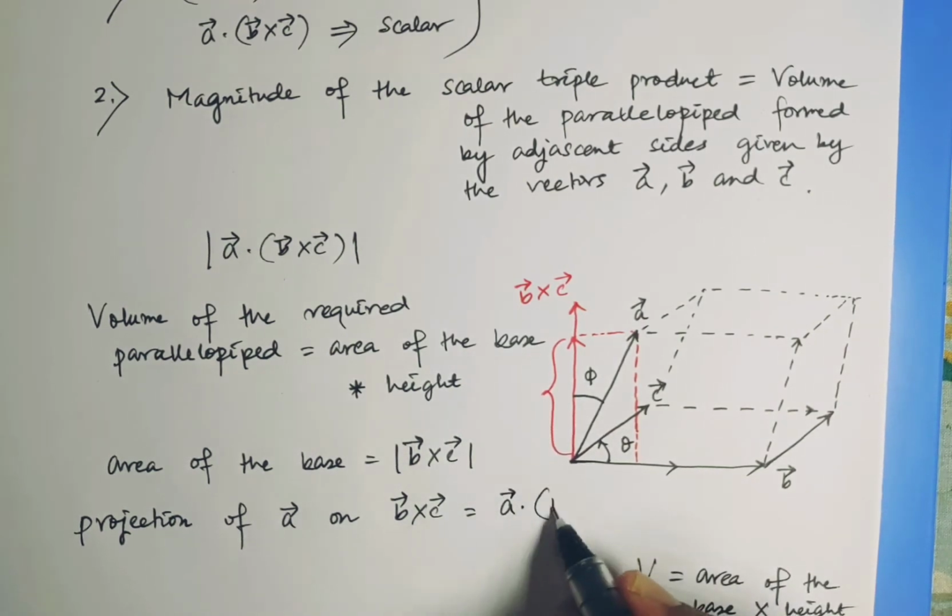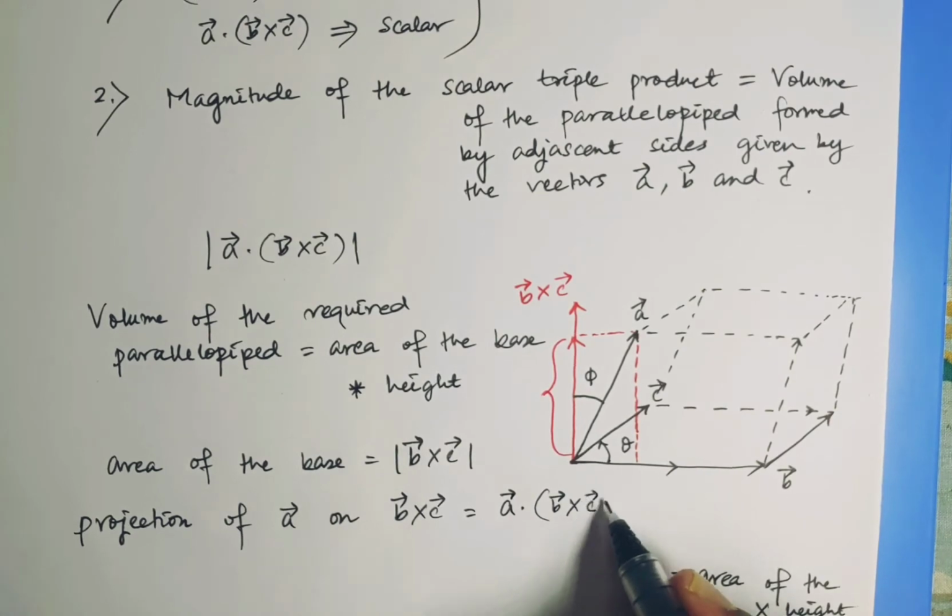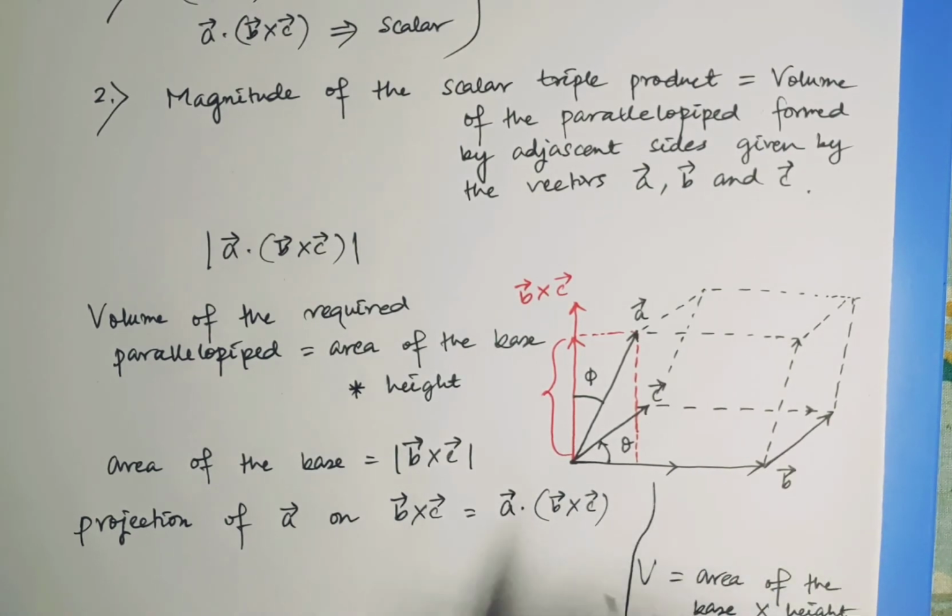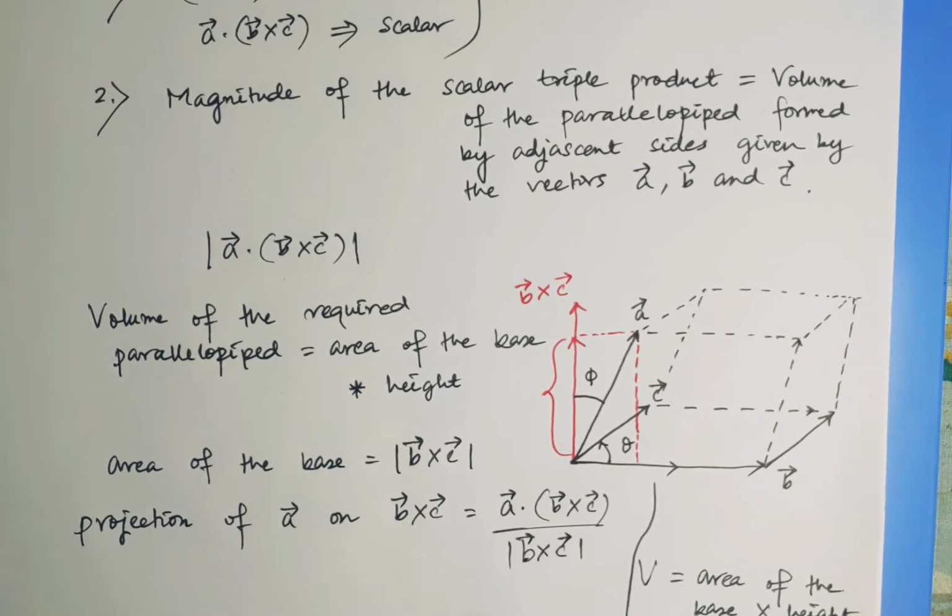It's A dot B cross C divided by magnitude of B cross C. This is how we get projection, right? I hope you remember. If you forget, then I have nothing to do. Yes or no? This is how we do projection. Clear? So one thing, A dot B cross C, it gives us magnitude, right?